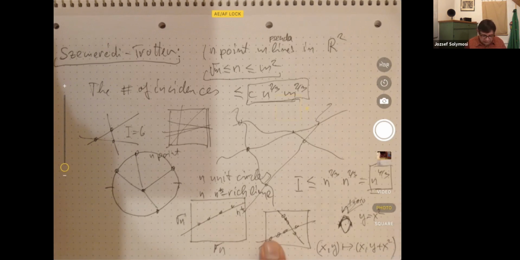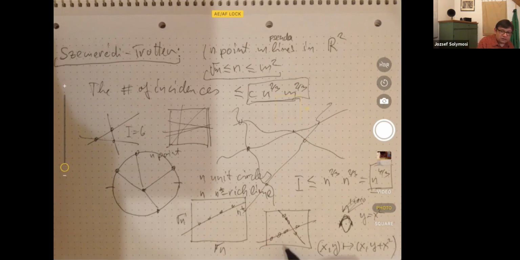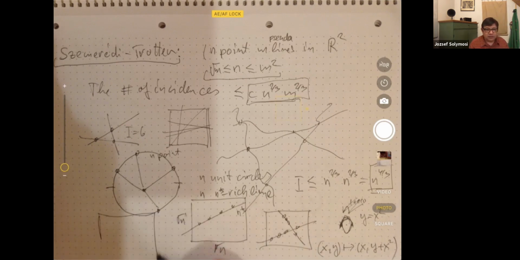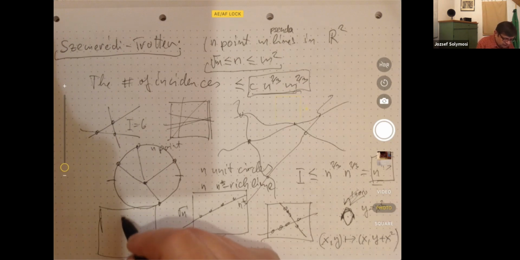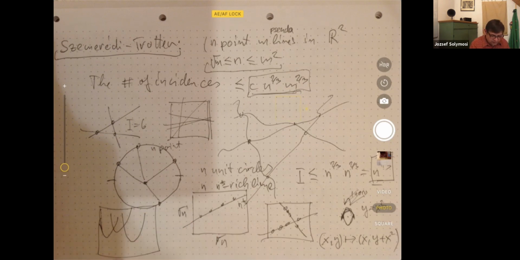Under this transformation, every line from here, I don't want to begin a new page, so I throw it here. Please forgive me for the mess. Next, it will be slides, but I deviated a bit from the plan. So all of them will be nice parabolas. All will be translates of the y equals x squared parabola.